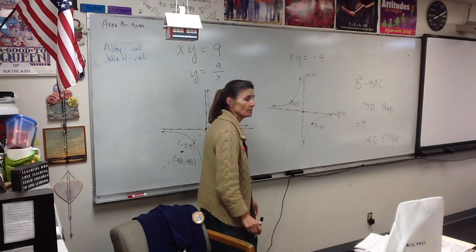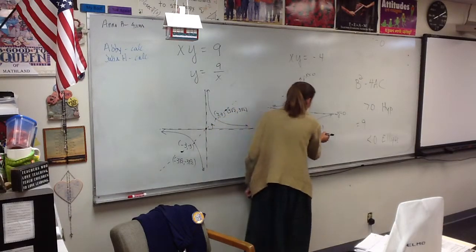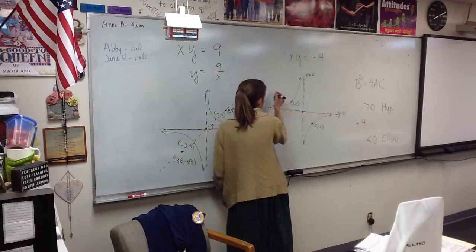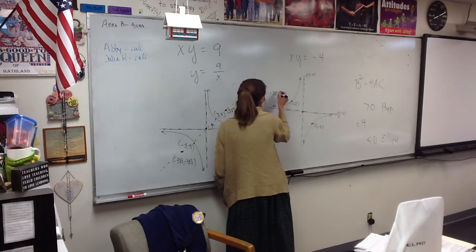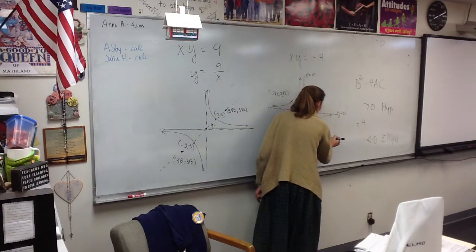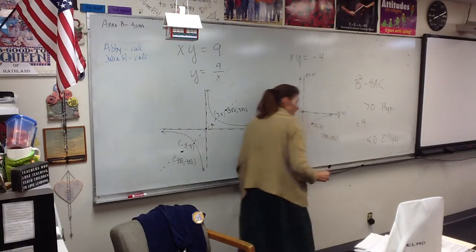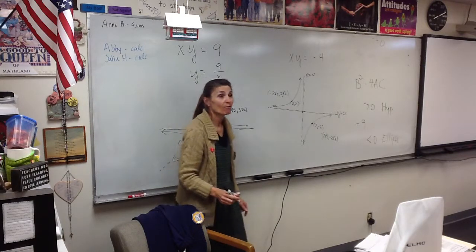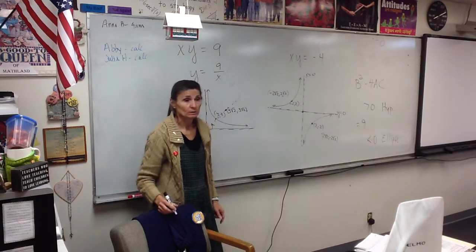Perfect. Where do you think your foci are? -2√2, 2√2, and 2√2, -2√2. How do we get our foci? We just multiply our vertices by √2.